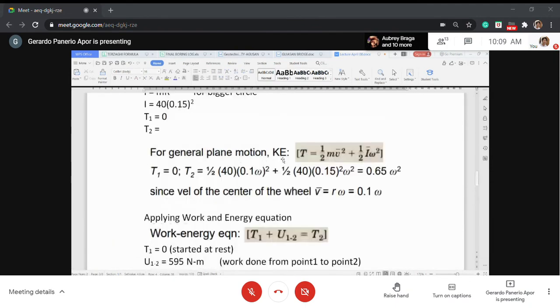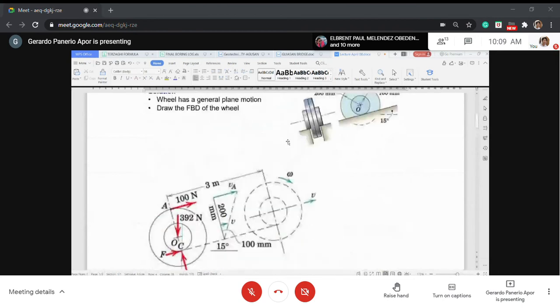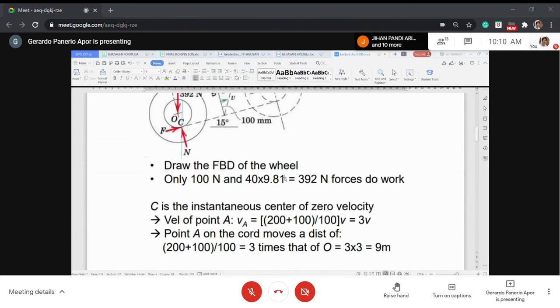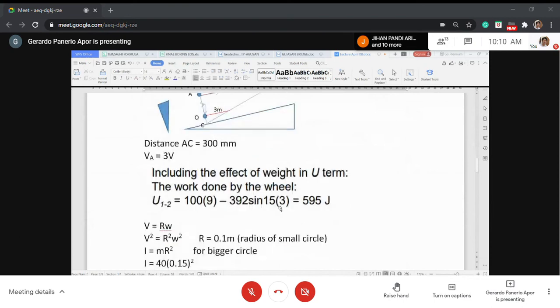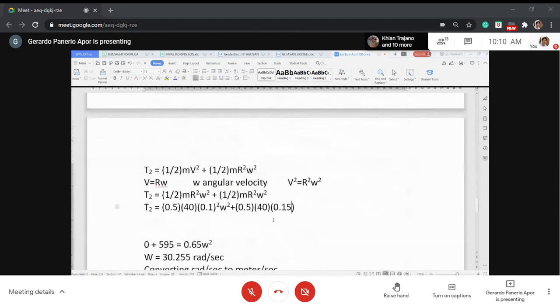Mao na siya ang gi-ingon nga rotational radius of gyration of 150 mm, sa kining gatuyok nga object. So that's given. Okay. So that is 0.15 squared, then omega squared.